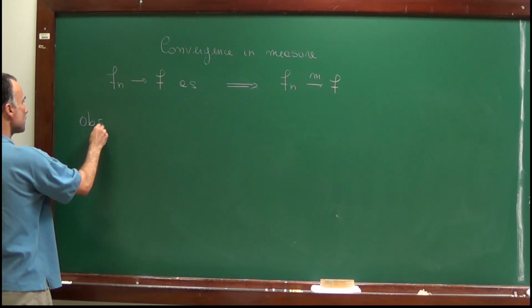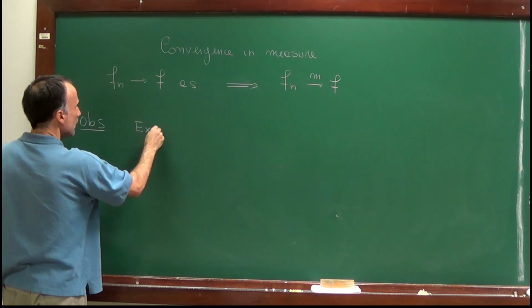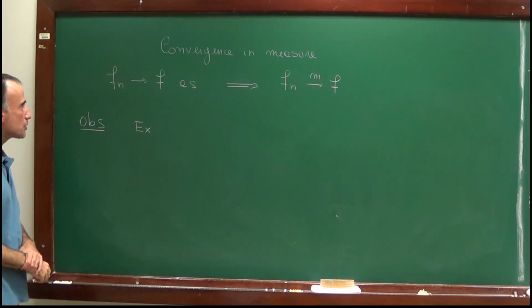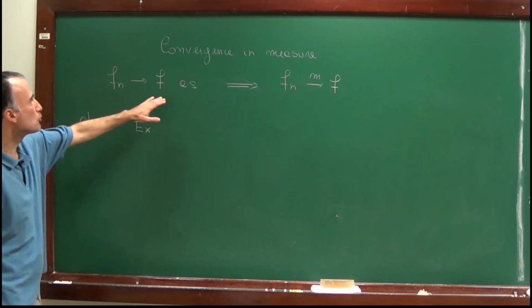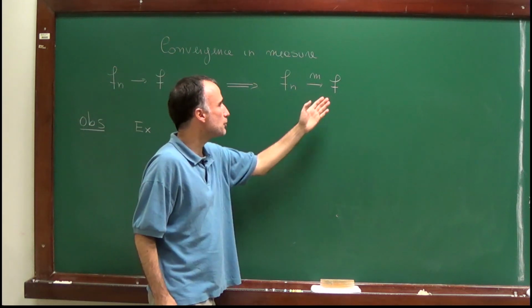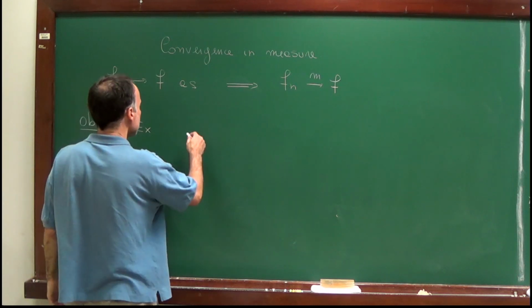Here is an observation, more an example. I'll give you an example of a sequence which is converging almost surely to 0, but which is not converging in measure. And the example is very simple.